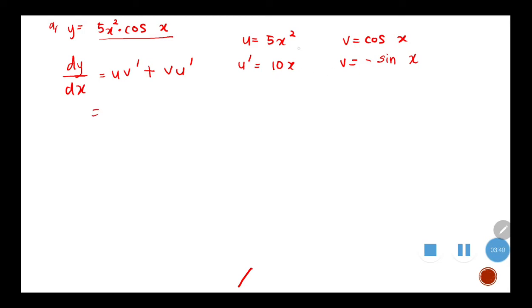Now uv prime is 5x squared times minus sin x, plus vu prime, cos x times 10x.